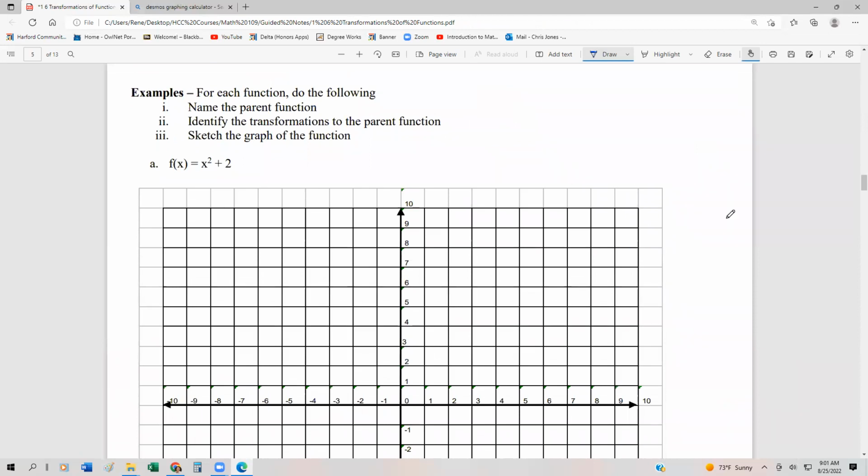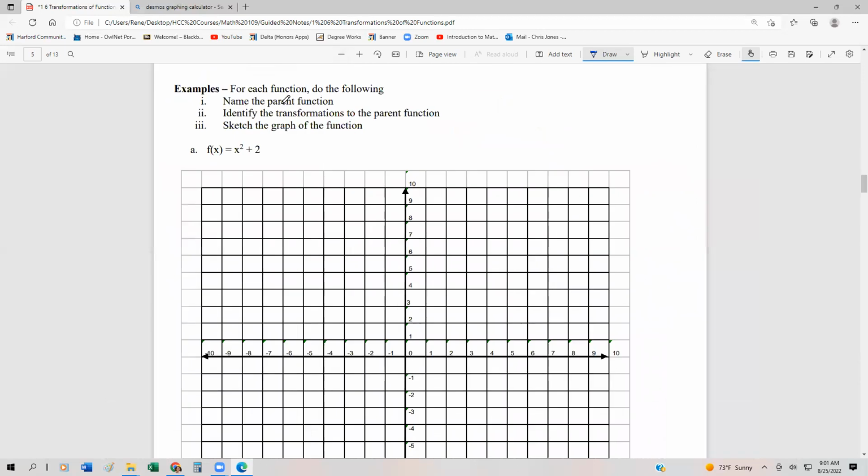So let's do some examples of this really quickly, and then we'll do some more in subsequent videos. In each of these, we're just going to name the parent function, identify some transformations, and then sketch the graph of the function. So we start off with a pretty easy one, f of x equals x squared plus 2.